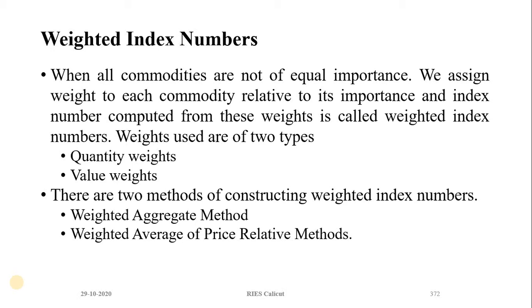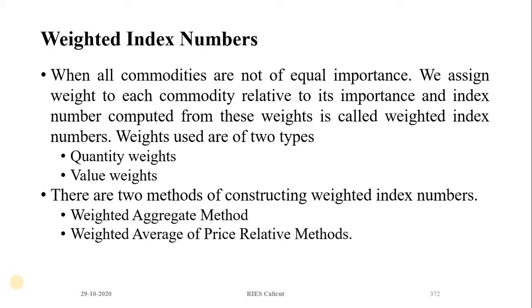What will be the weight? That's a very crucial question. Price cannot be a weight. So there are two different types of weights. The first is the quantity of purchase as a weight. If you are purchasing more rice than gold, then the quantity of the purchase will be considered as a weight.